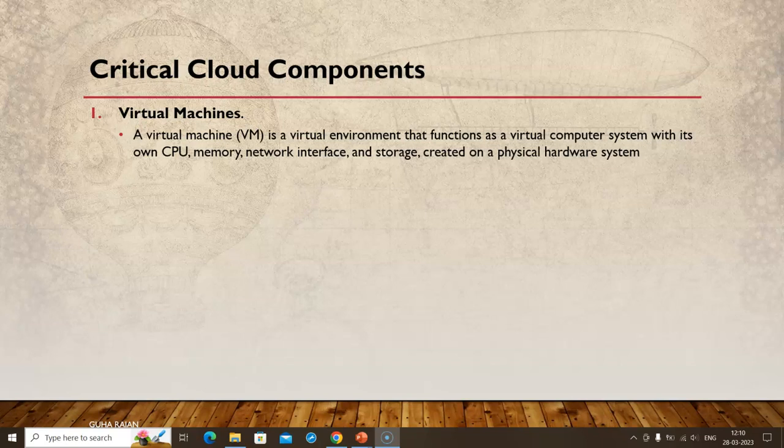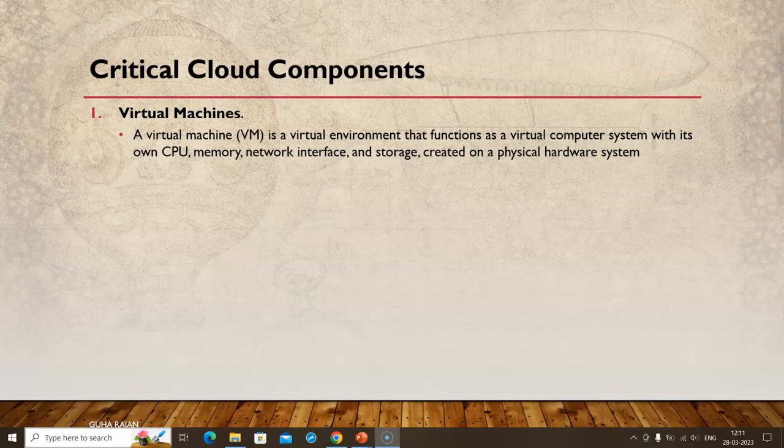A virtual machine is a virtual environment that functions as a virtual computer system, with its own CPU, memory, network, and storage. It could be block storage or object storage, created on physical hardware, because the physical hardware will be in their respective data center, be it Azure, Amazon, Google, or Oracle.